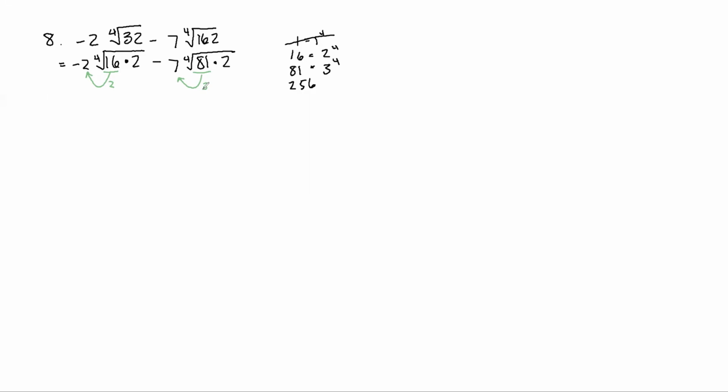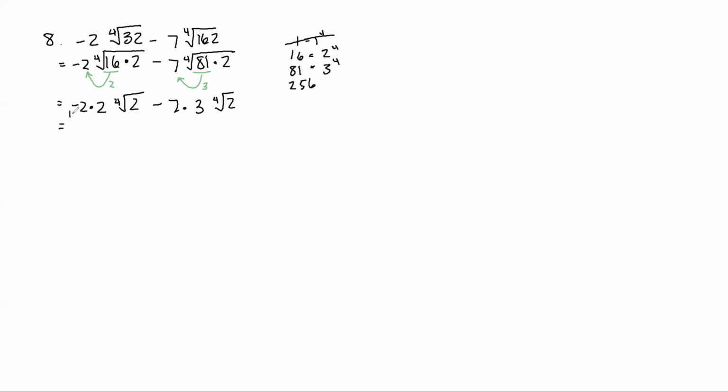Now let's take these out. Keep in mind here we have a negative 2. Let me change the color. A negative 2 in the front times this 2 we're taking out. We're left with the 4th root of 2. So there's a lot of 2's there. Minus 7 times taking out a 3. Left with the 4th root of 2.